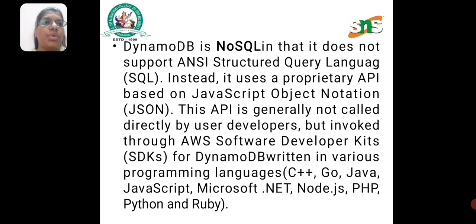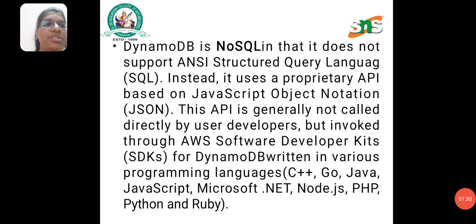DynamoDB is NoSQL in that it does not support ANSI structured query language, that is called SQL. Instead, it uses a proprietary API based on JavaScript object notation, that is called JSON.